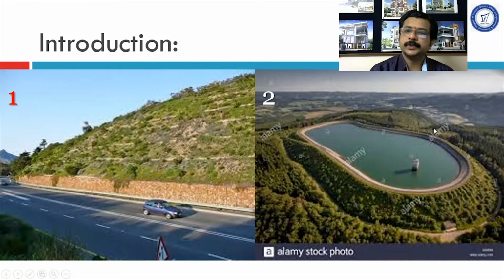This dam is used to retain water. Now it is constructed with the help of granular material. This retaining structure is constructed with the help of soil, right? So this water may percolate through the body of the dam.